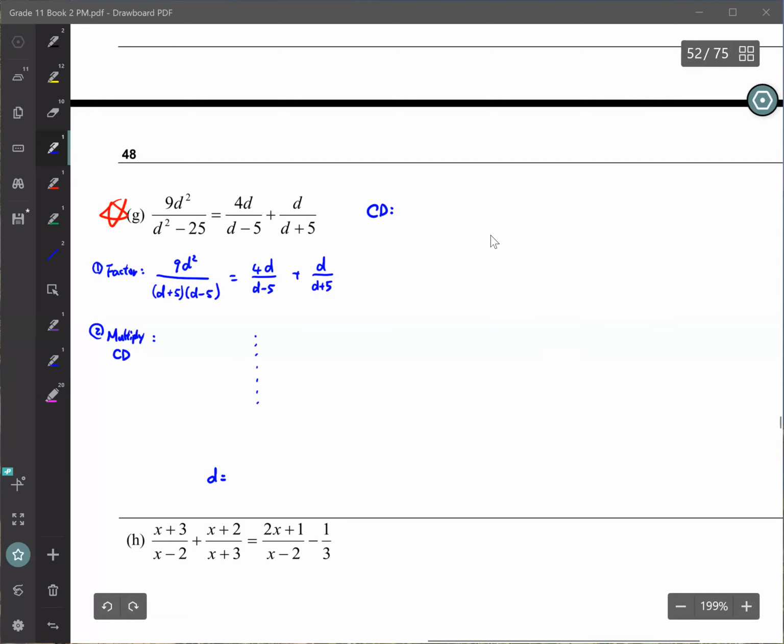Is there anyone having trouble getting a common denominator, or just want to check if your common denominator is right?